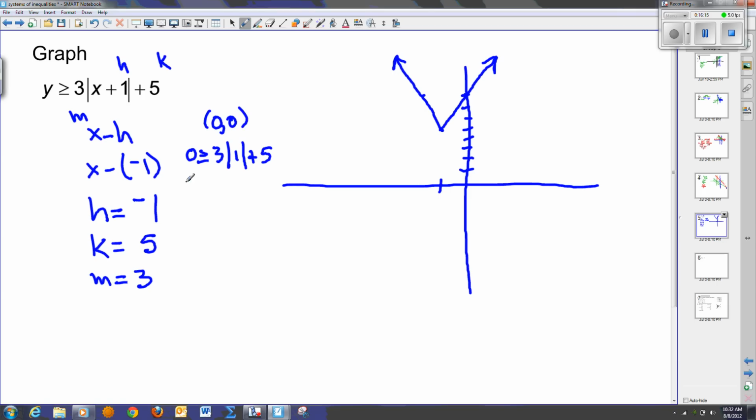So this says 0 is greater than or equal to 8. And we know that is false. So 0, 0 was my sample point. Then I have to shade everywhere that's not in that region that 0, 0 lies. So that's everything inside the V. And that will satisfy my inequality there.